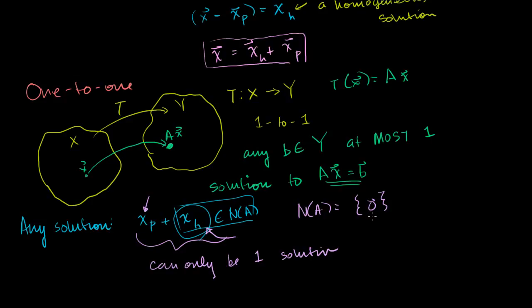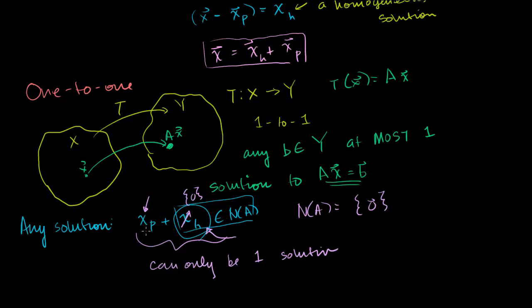In the last video, I think I just off the cuff said, oh, your null space has to be empty. But no, your null space will always, by definition, by the fact that it is a subspace, contain a 0 vector. You can also always multiply A times 0 to get 0. But in order to have only one solution, your null space can only have the 0 vector, so that this can only be 0, and your only solution is going to be the particular solution that you found.